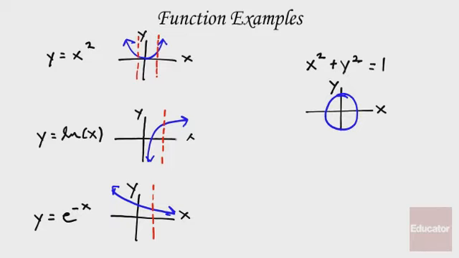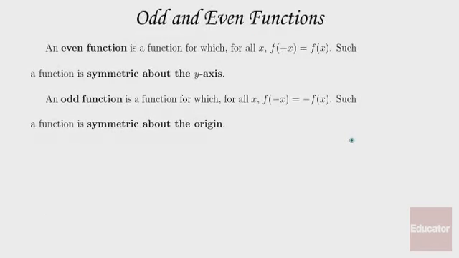It is not a function because, as you can see, there are a number of vertical lines that would cross this graph twice. If we wanted to achieve y as a function of x here, we'd have to do something like, for instance, just selecting the upper half of the circle so that the graph would then pass the vertical line test.